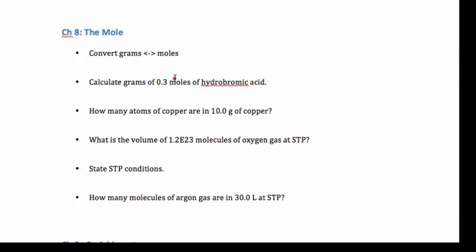Calculate the grams of 0.3 moles of hydrobromic acid. Well, first of all, you have to be able to write hydrobromic acid. That's HBr. And if we say that bromine has a mass of 80 and hydrogen has a mass of 1, we're talking about 81 grams per mole is the molar mass. But we don't have a whole mole, we have 0.3 moles.